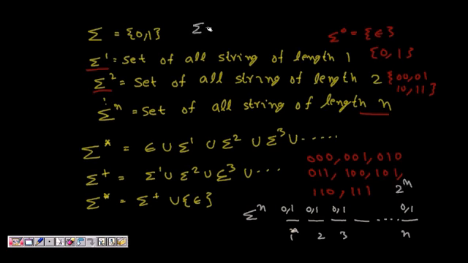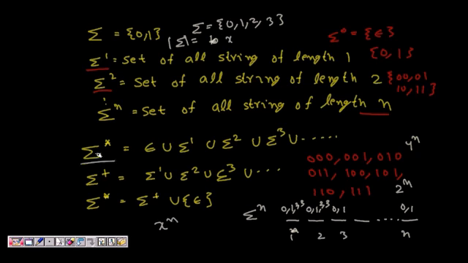If our alphabet had 4 symbols, 0, 1, 2, 3, then it would become 4 to the power of n. And if the size of sigma was x, it will be x to the power of n.